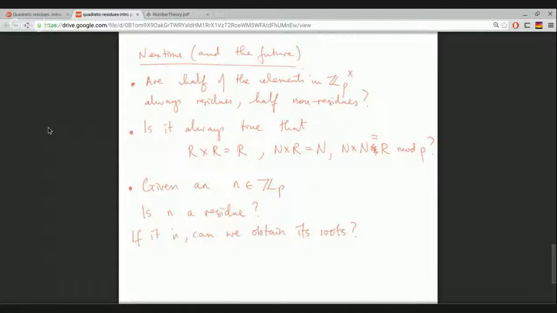But any questions at the moment before we continue? Anything that you'd like clarified on that? So the concept is simple enough: whether or not a congruence class has a square root, whether or not there's something that when you square it, you get back to this congruence class. Then it's called a residue, and otherwise it's called a non-residue.